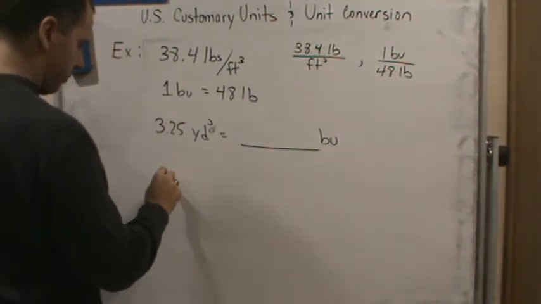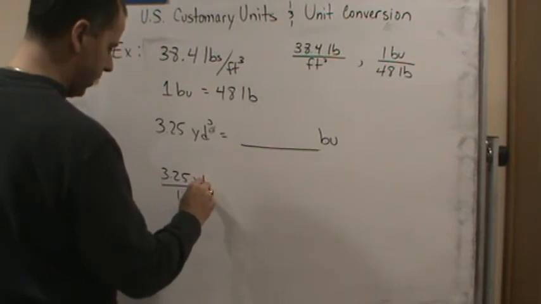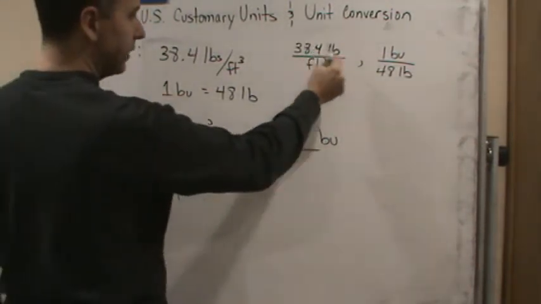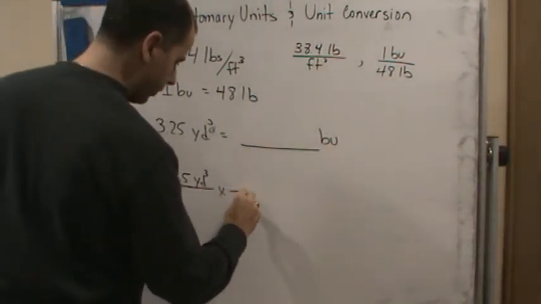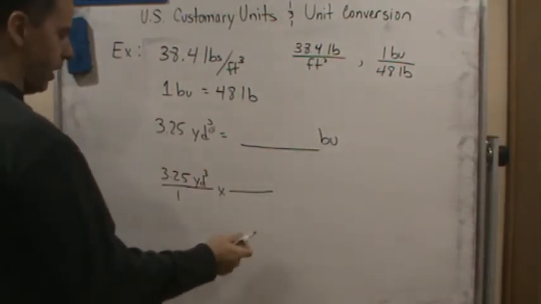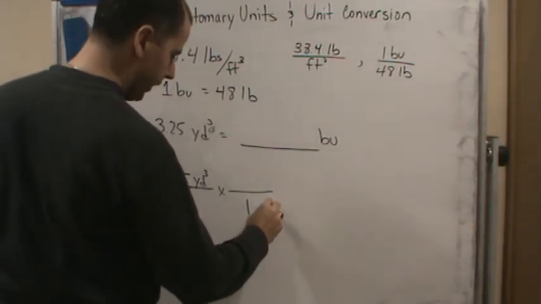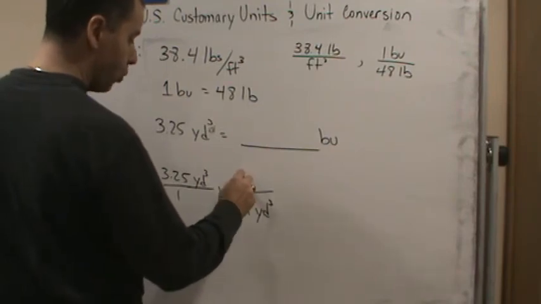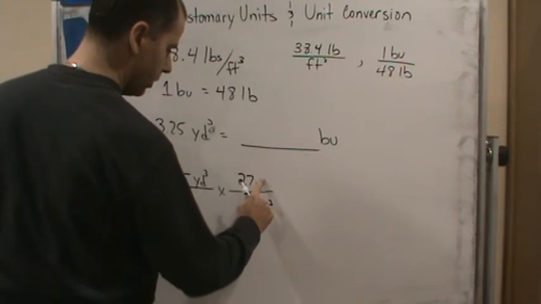So let's start. So 3.25 over 1, cubic yards over 1. Now we need to get to cubic feet. Well, we can use the unit ratio that relates cubic feet to cubic yards. We know that for every 1 cubic yard, that's equal to 27 cubic feet.